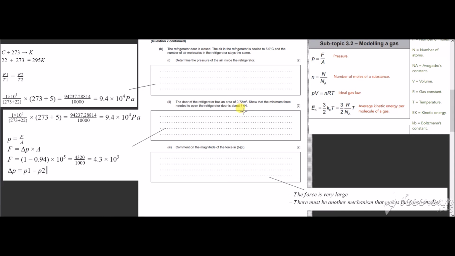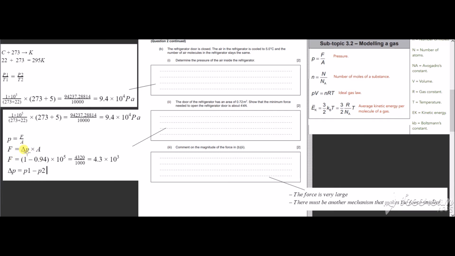0.72 m². Show that the minimum force needed to open the refrigerator door is about 4 kilonewtons. The formula we'll be using is P = F over A. We'll rearrange the formula for F, so F is equal to delta P times the area.